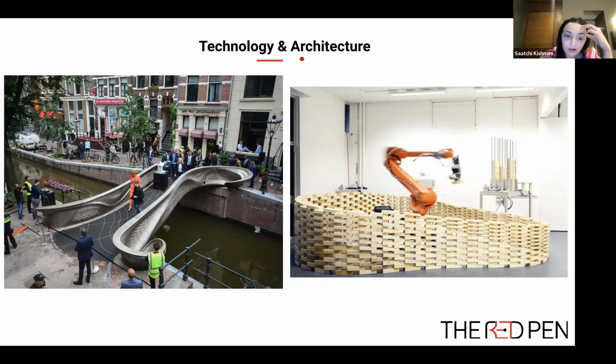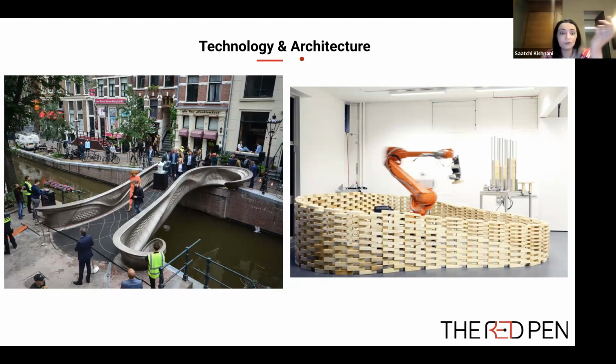On the left, we have one of the first 3D printed steel bridges in Amsterdam. And if you're in college in architecture, by your third or fourth year, you're actually 3D printing models. So it's really cool.